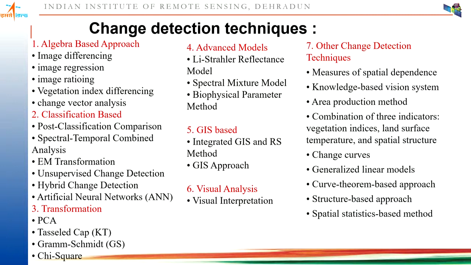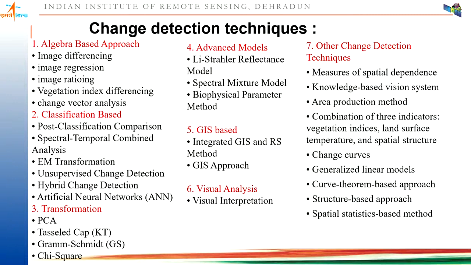Another one that many of you must have done is the classification based approach. Most commonly used is post classification comparison. That means you classify the first date image, classify the second date image into the same number of classes, and then find out what is the change.